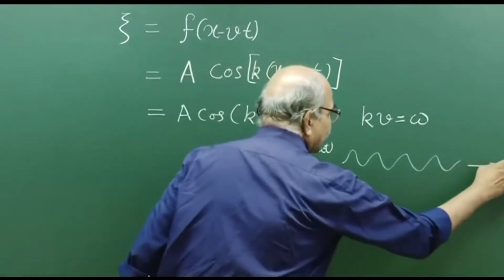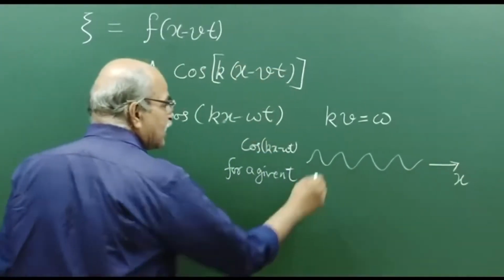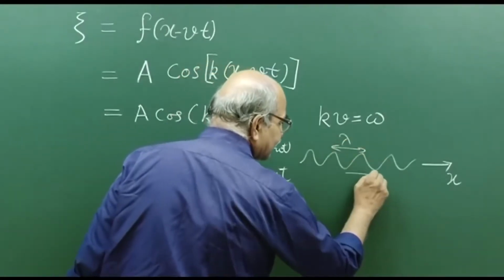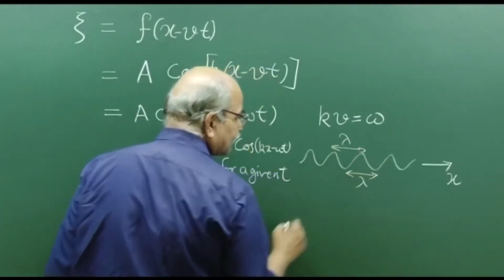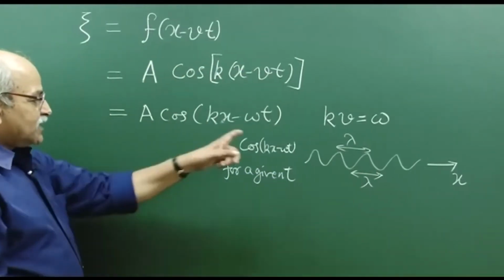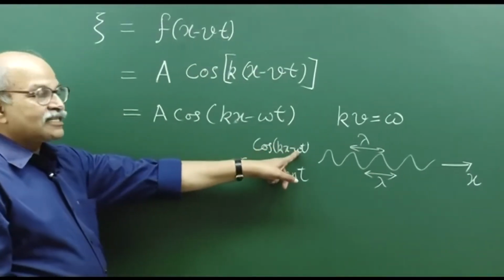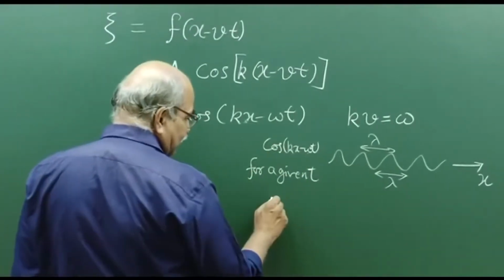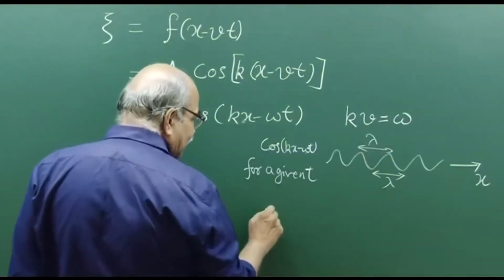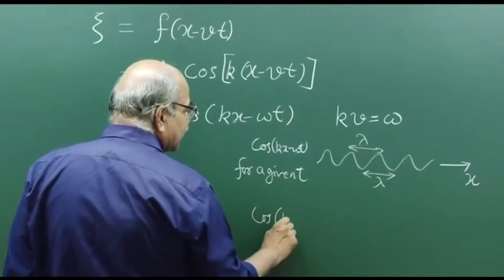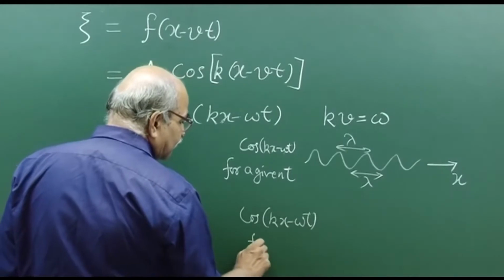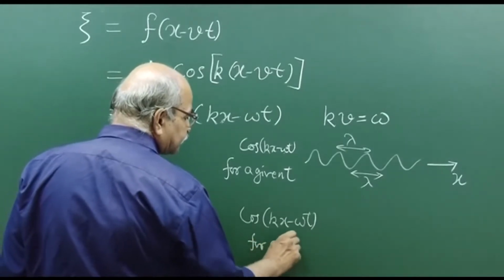and this side is now x, and this is wavelength, this is wavelength, and you fix x and see as a function of time, then also it oscillates, and that will be again a similar looking function cos(kx minus omega t), and this time for a given x.